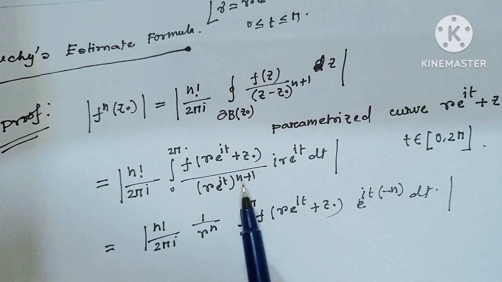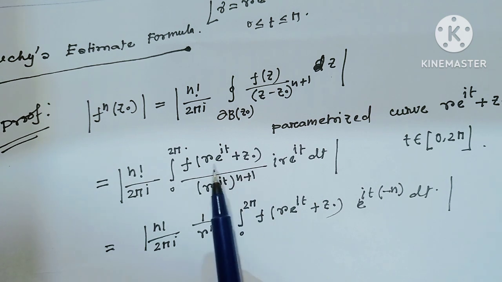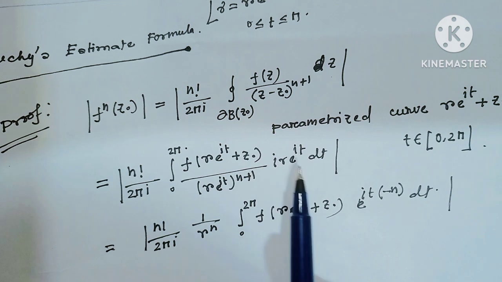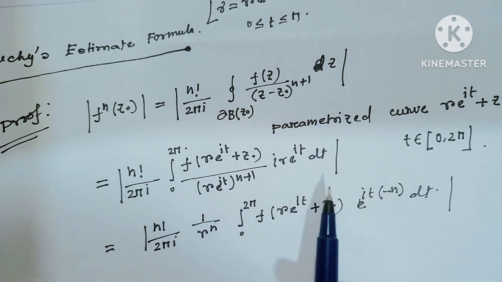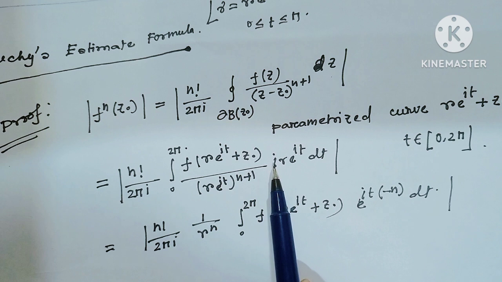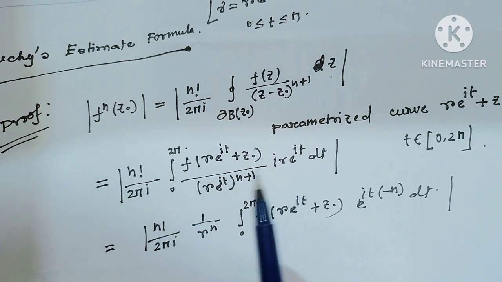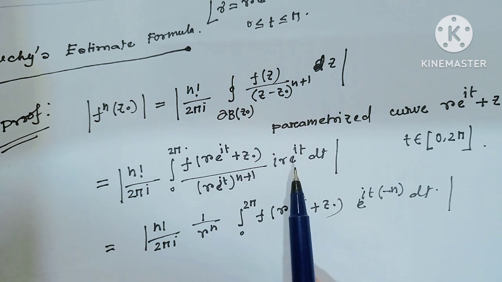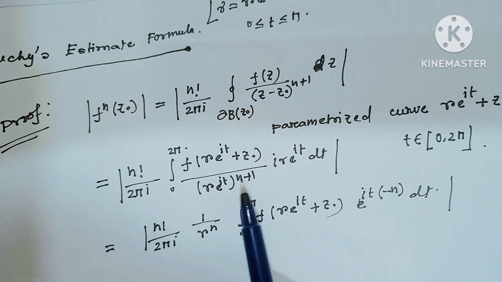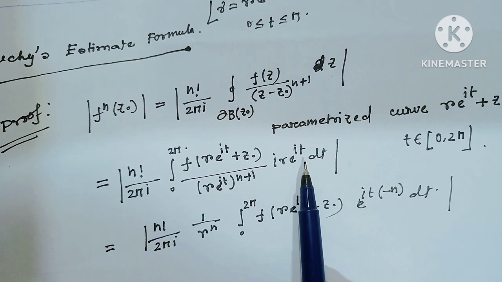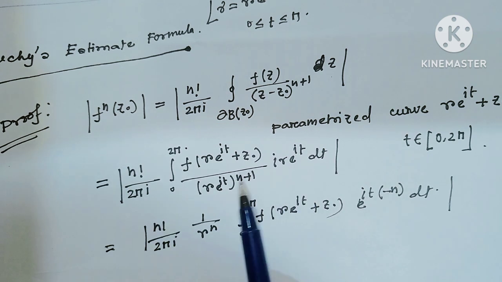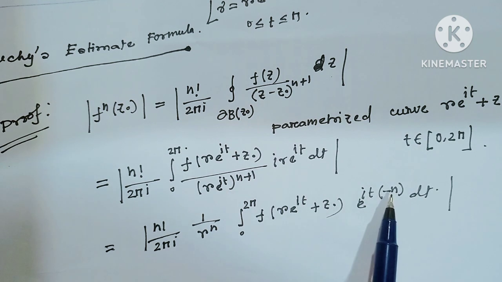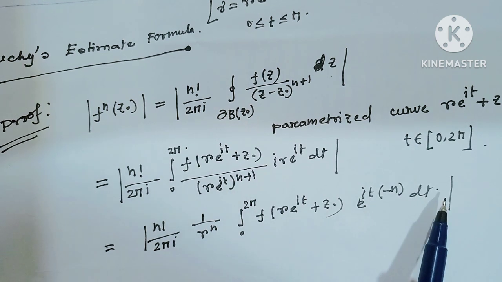This value would be r to the power n plus 1 in the denominator, reducing to r to the power n, and here f(r e^{it} + z0), and here e^{it} to the power n plus 1 over e^{it}, so this value would be e^{it} to the power minus n, dt.